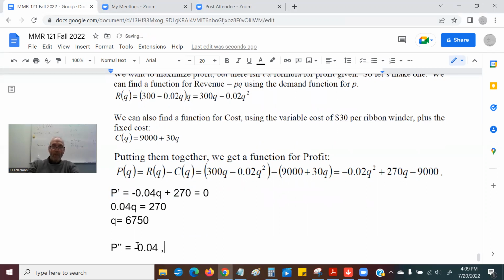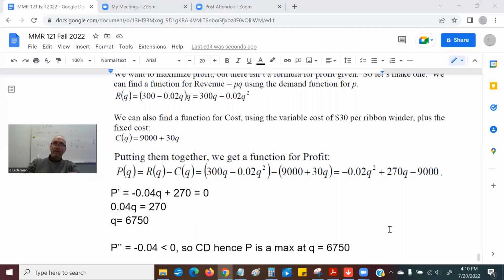So concave down, hence P is a max at Q equals 6,750, which is a nice thing.